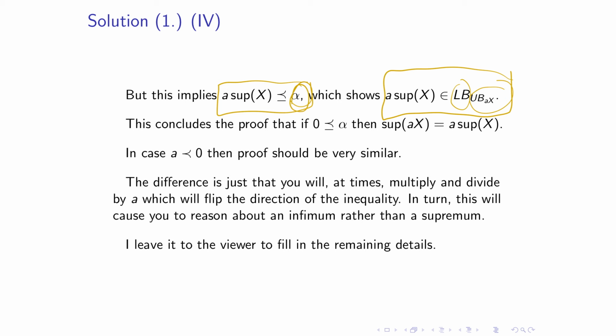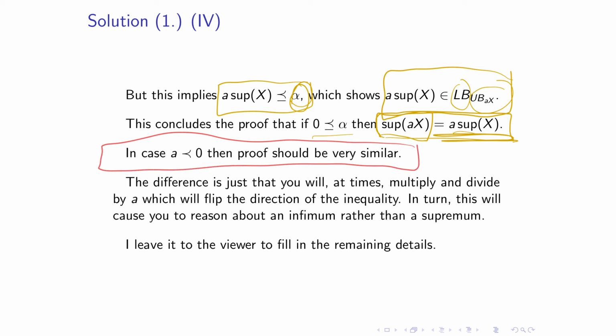So there we have it. Then in this case, we know that a sup X satisfies all the properties that define the supremum of aX. So that part is done. Now, I'm not going to show the part where we prove it when a is strictly less than 0, that is to say when a is negative.